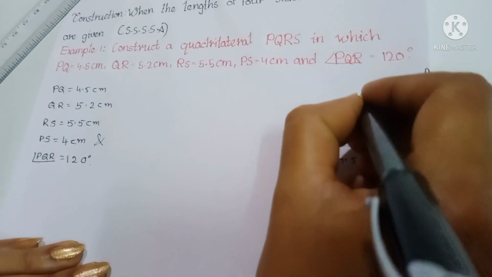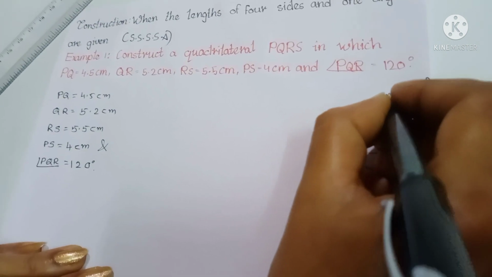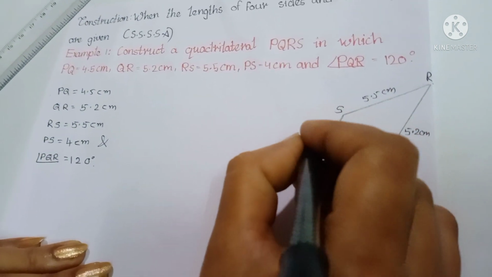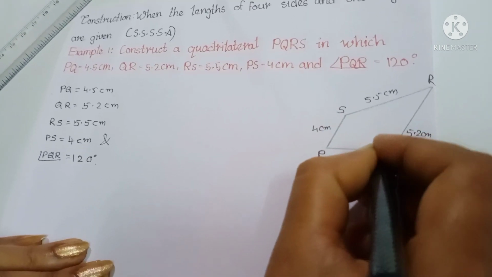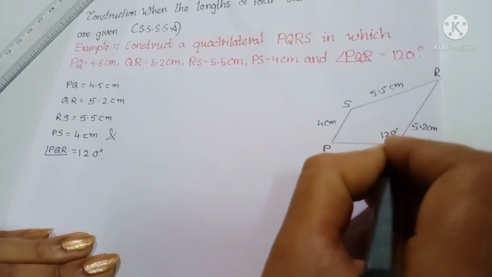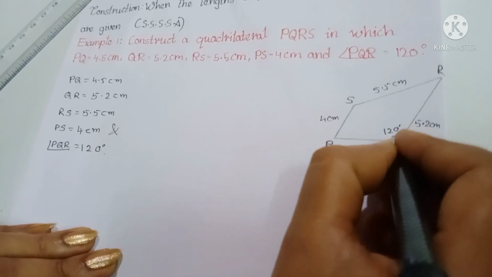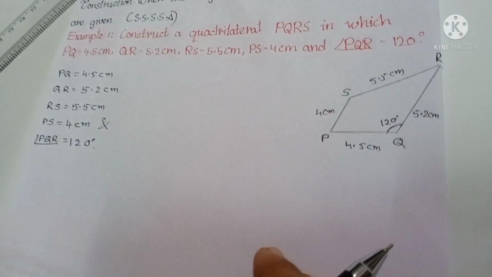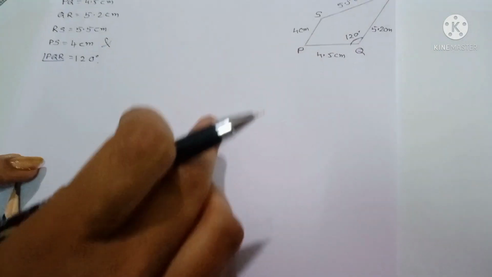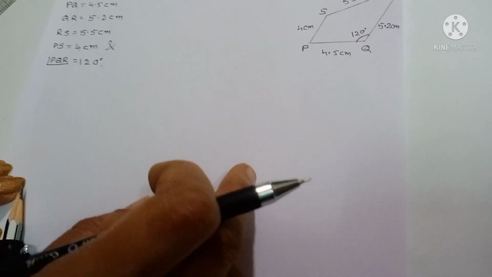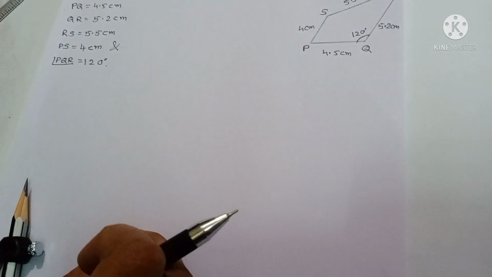RS is equal to 5.5 centimeters. PS is equal to 4 centimeters and angle PQR is equal to 120 degrees. Next, construct the main diagram of the quadrilateral here.